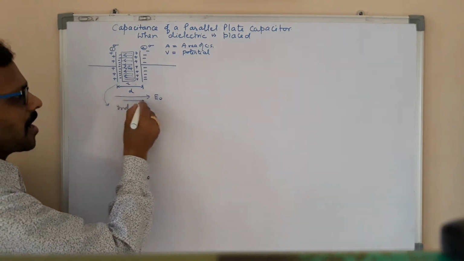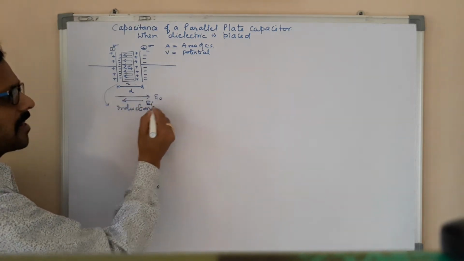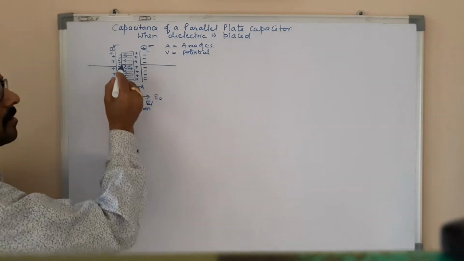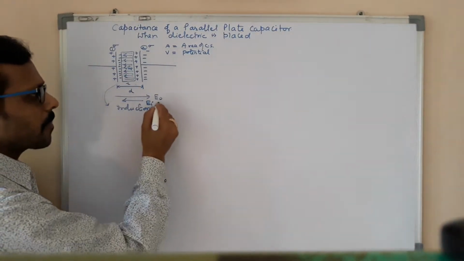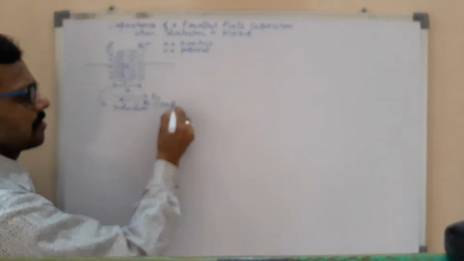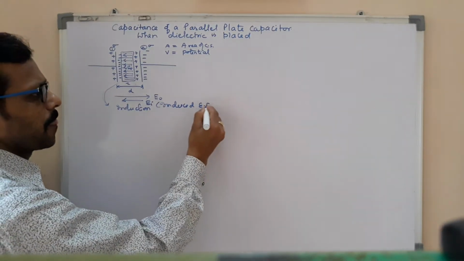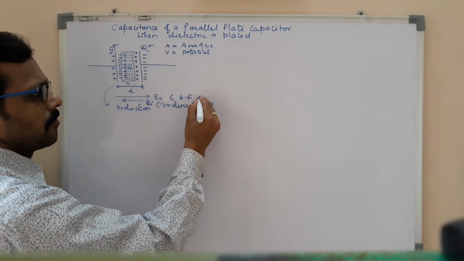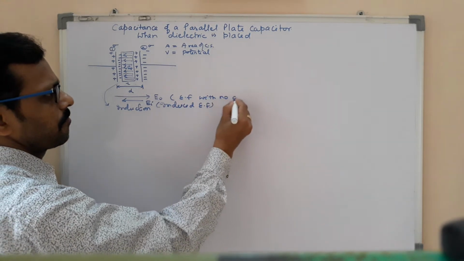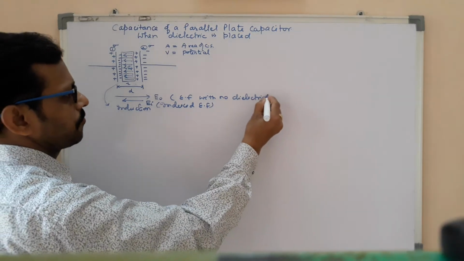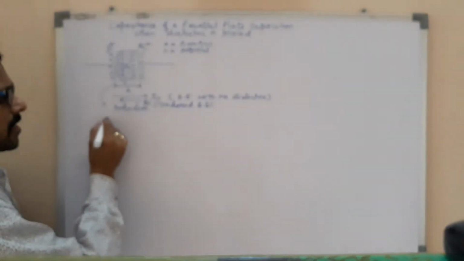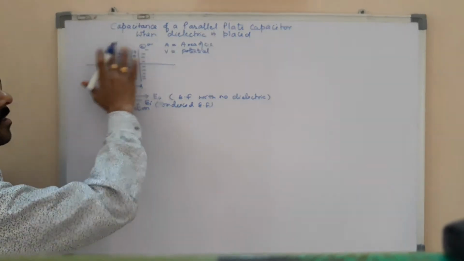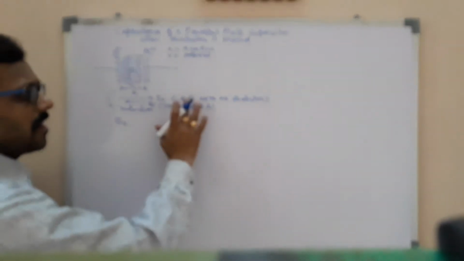EI is the induced electric field which is produced in the dielectric. So this is the induced electric field and this is the electric field with no dielectric. Now, as we know from the figure, the electric field due to the plates when no dielectric is present is greater than the induced electric field.